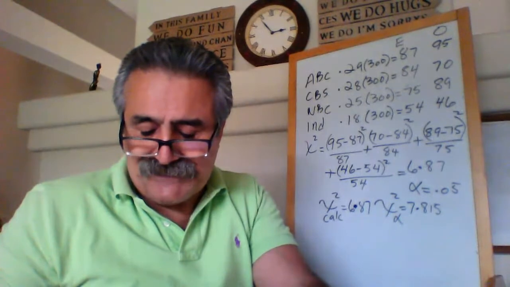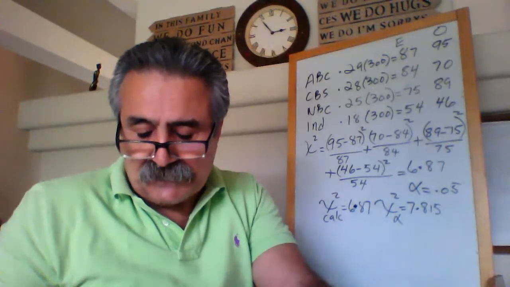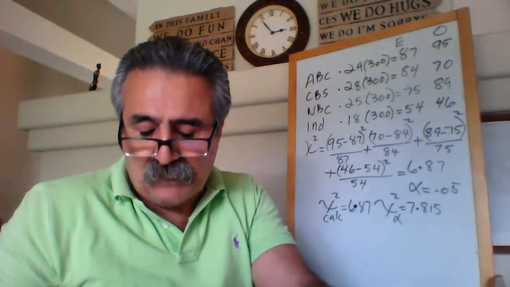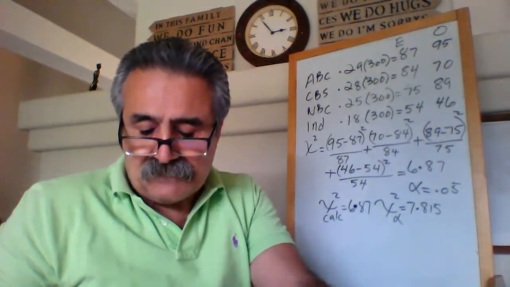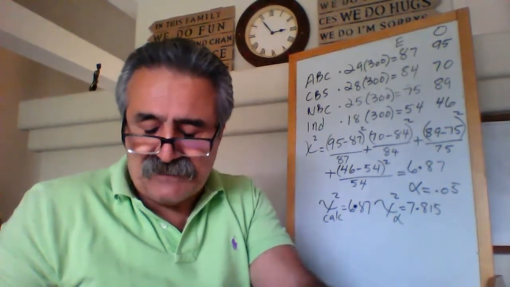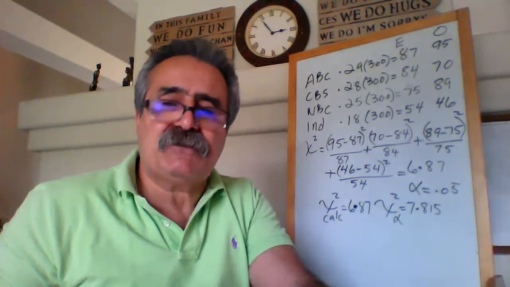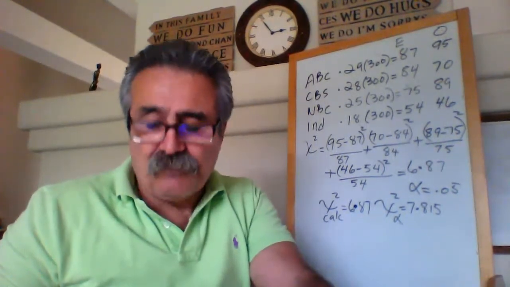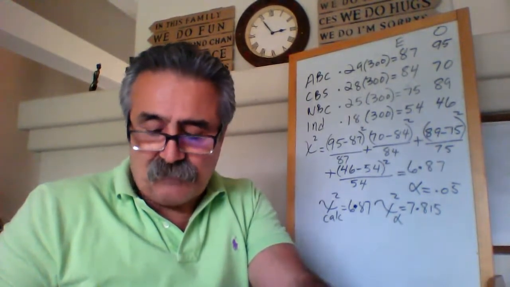So your 6.87 is in between the two. That means your p-value is in between 0.1 and 0.05, but it is closer a little bit to 0.1.